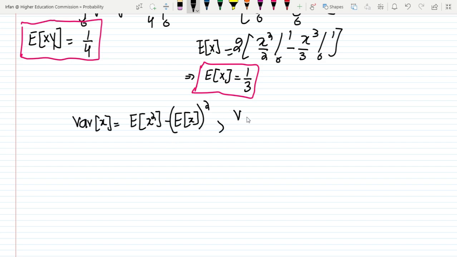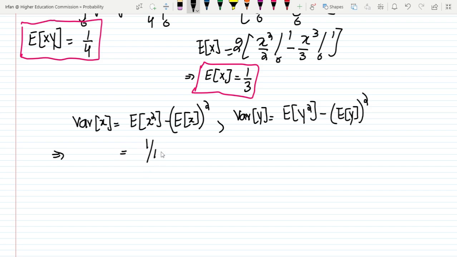Similarly, for the variance of y, it would be the expected value of y squared minus the expected value of y, whole squared. Once you calculate them, the answer would be 1 over 18, and it would be 1 over 18 as well.